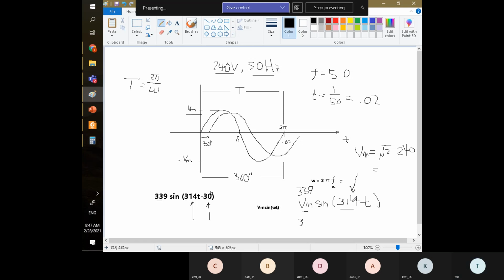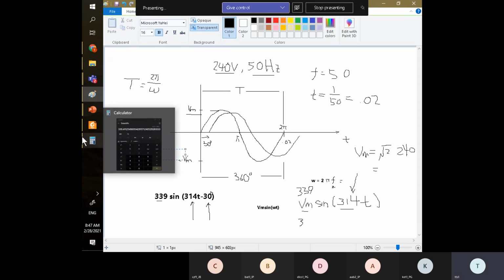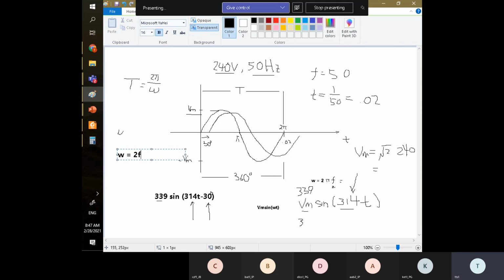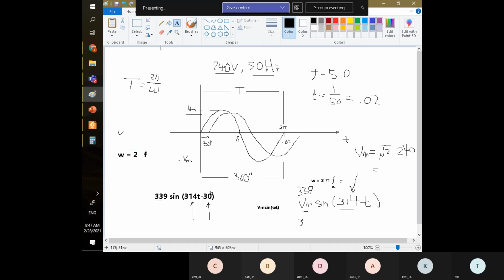And omega is 2 pi f, if you bring this over. Using the mouse is very difficult. So omega is equal to 2 pi times the frequency, right? 2 pi f. So the one period is equal to 2 pi over omega. Okay, you can work this out by playing around with this number.